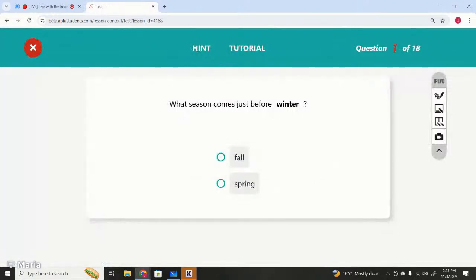What season comes just before winter? Just before winter it is fall. Option number 1 is the correct option.